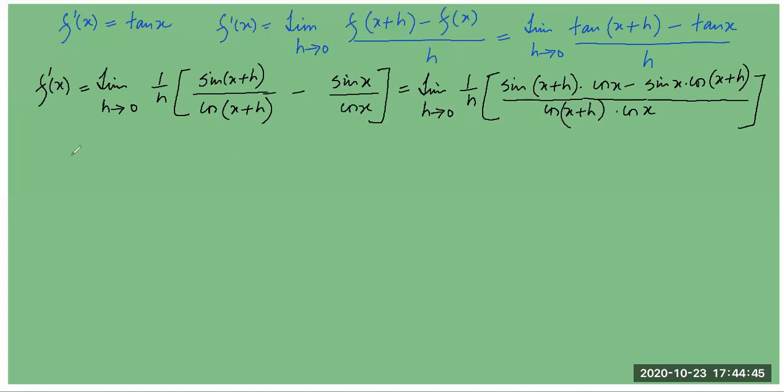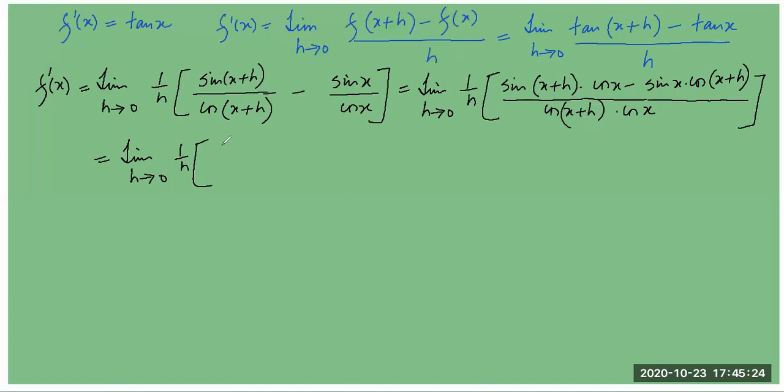Once I have this, I can write limit h approaches 0, 1 by h into, see students, sine A cos B minus sine B cos A. This is equal to sine of A minus B, right?